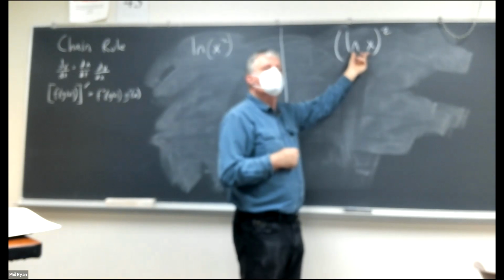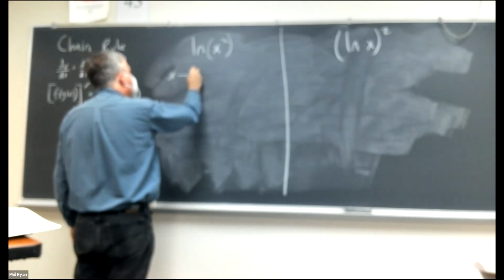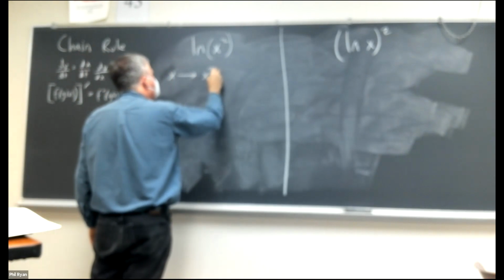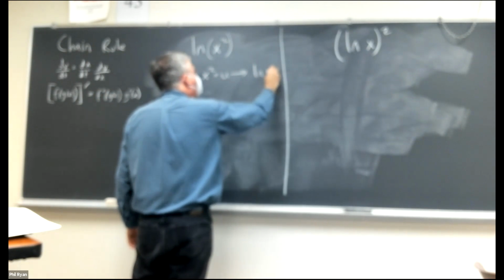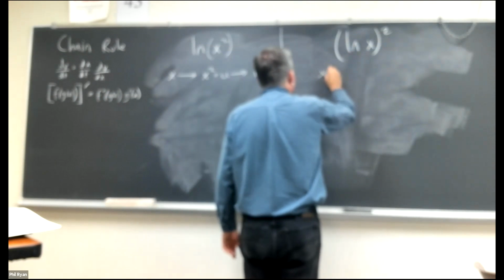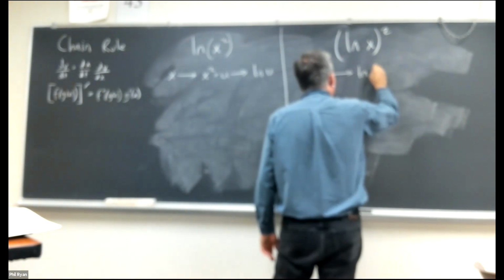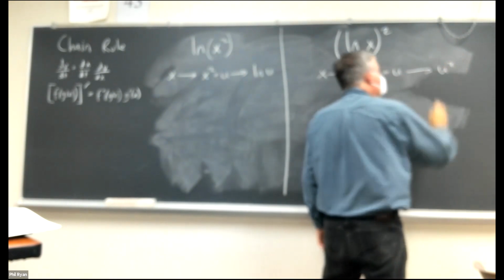You do the ln x, right? So here the chain is x goes to x squared, let that be u, and that goes to ln of u. This one, the chain is x goes to ln of x, we'll call that u, and then that goes to u squared.